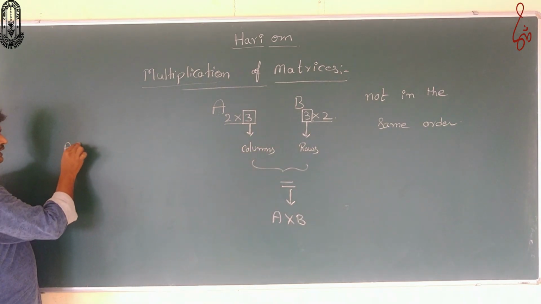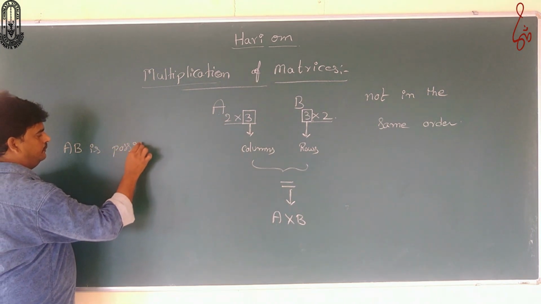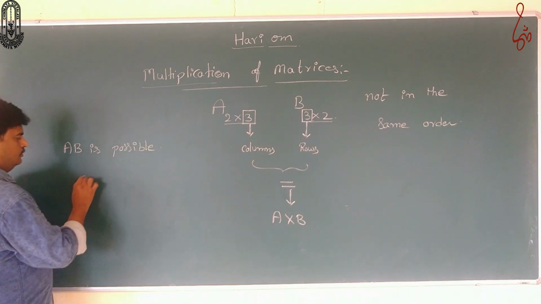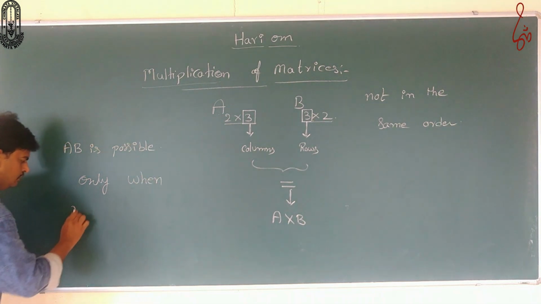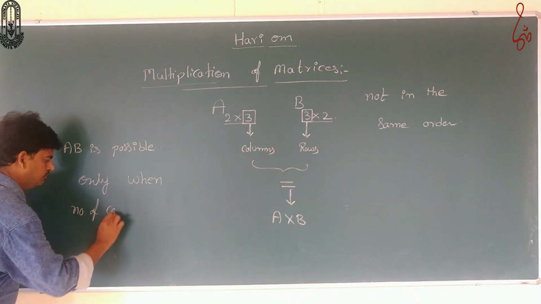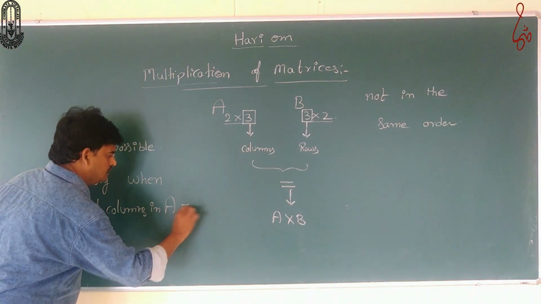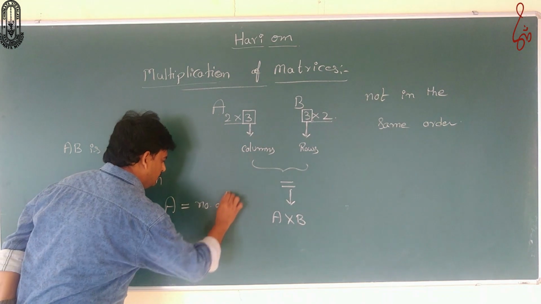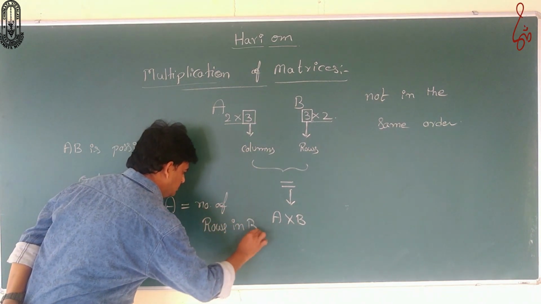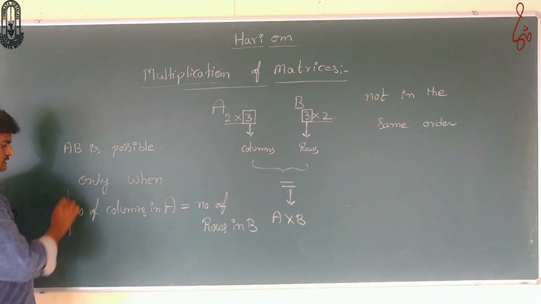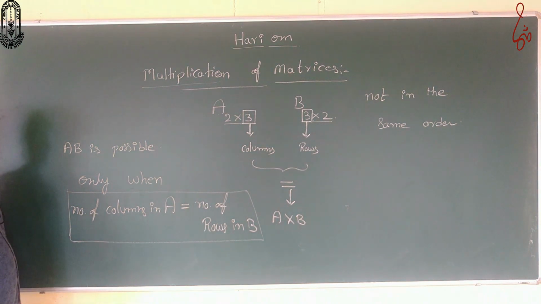The product of AB is possible only when number of columns in A is equal to number of rows in B. So this is the important condition which we need to remember.